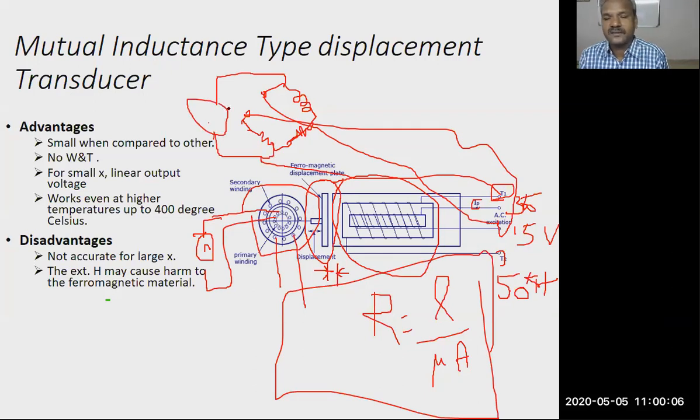This is AC excitation. This arm, one arm of the AC bridge, is replaced by T1, T2. This is a standard coil which is used to calibrate when the displacement is 0.